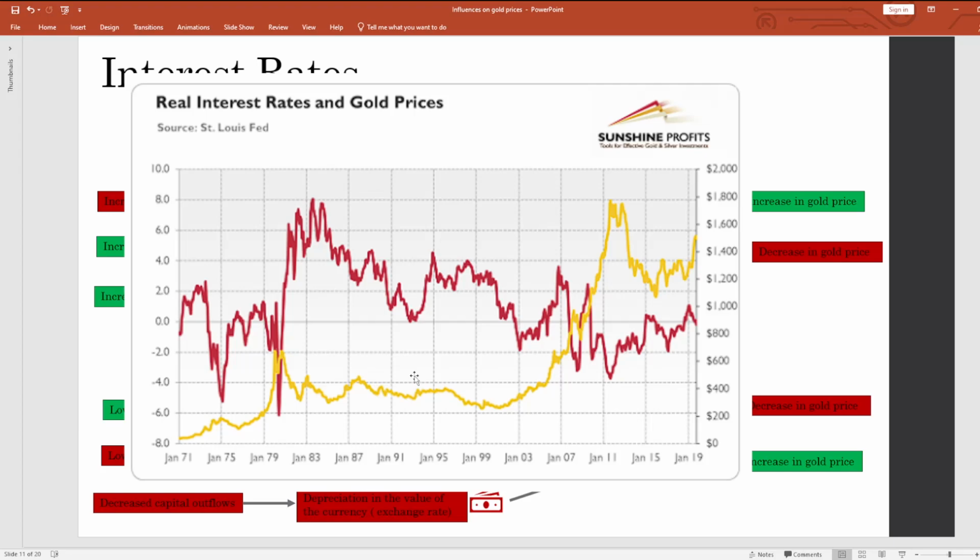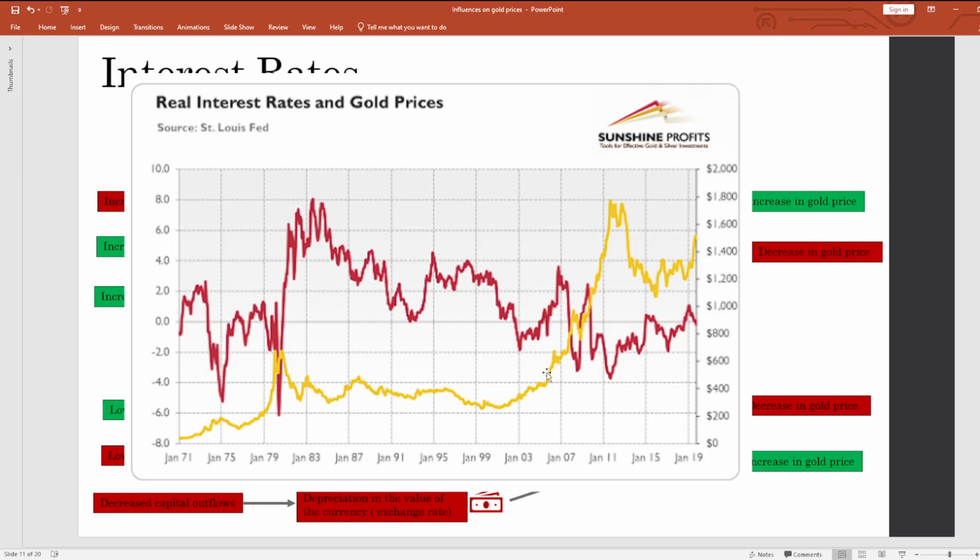So what we can clearly see here is that there is a negative relationship between interest rates and gold prices. So as interest rates go down, especially into negative territory, so here and here, we see that gold price starts to go up.